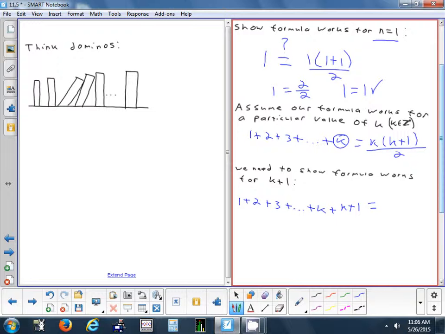Now, on the right-hand side, this is the formula that tells you what the first k integers add up to. How would this formula change if you were adding up the first k plus 1 integers? What would happen to all my k's? Like if I was adding up the first 6 integers, the k's would become 6's.